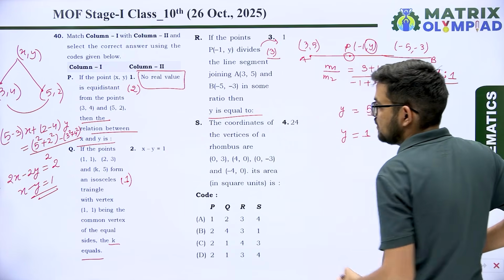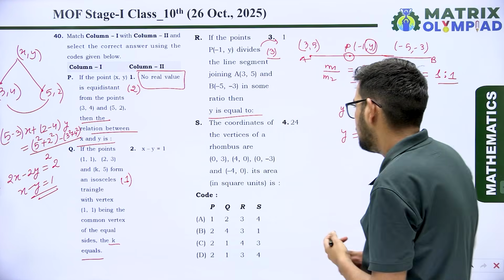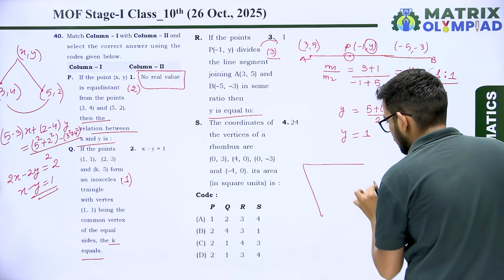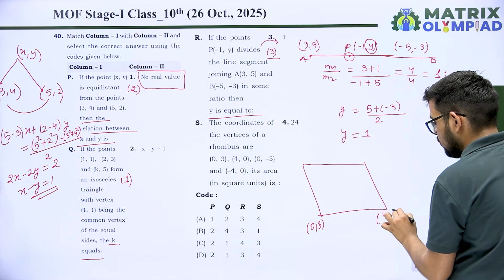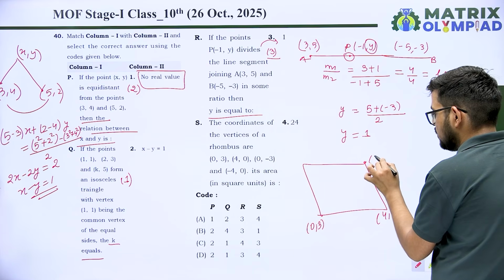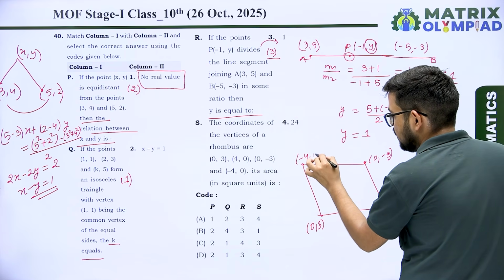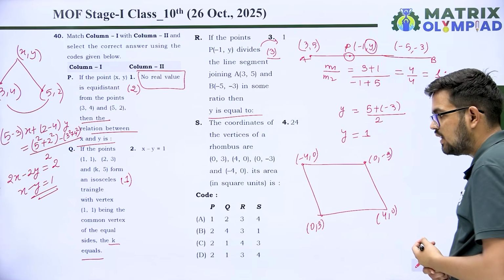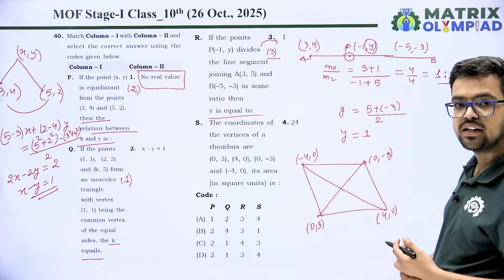And S: the vertices of the rhombus are (0, 3), (4, 0), (0, −3) and (−4, 0), and its area is. So what is the area of the rhombus? Half of the product of its diagonals.